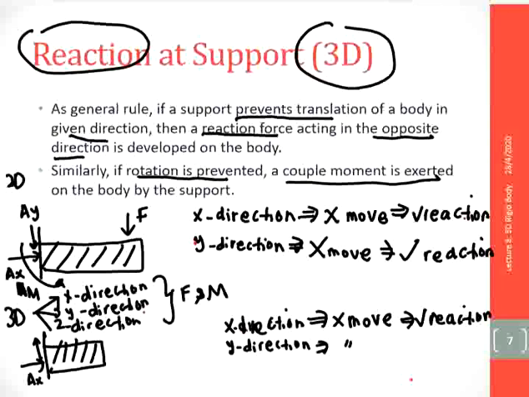And there is another axis. This one is AX, AY, and another here AZ, because it also cannot move horizontally like this. So there is AZ here.